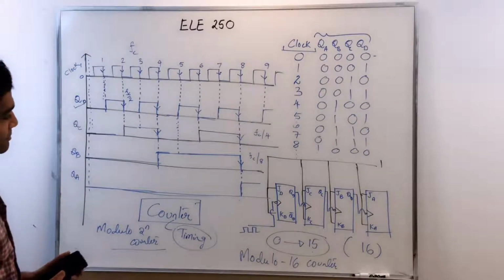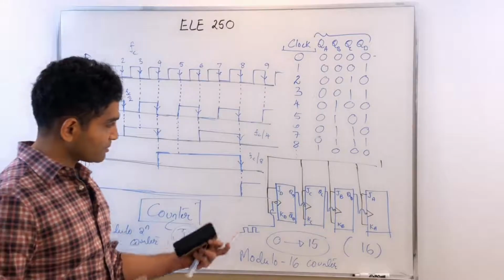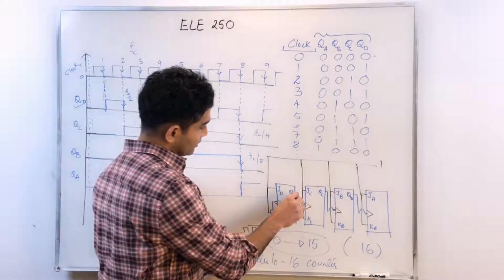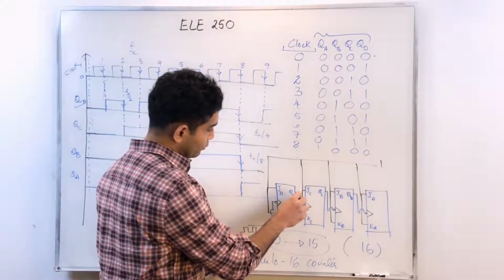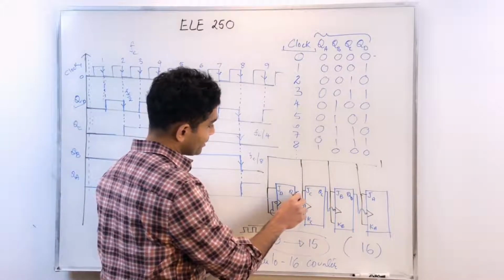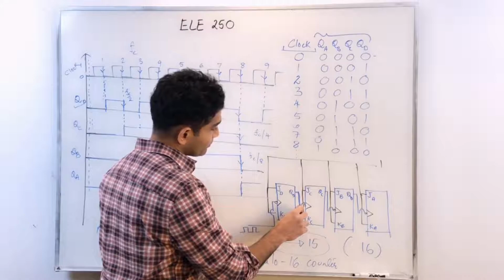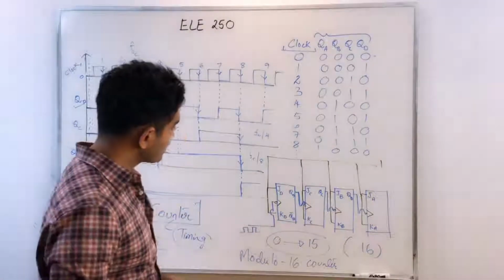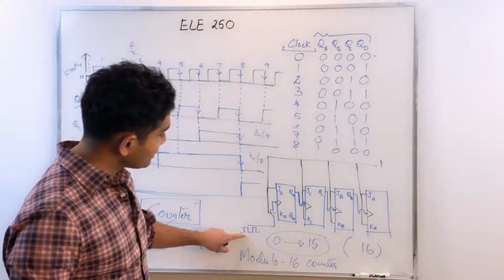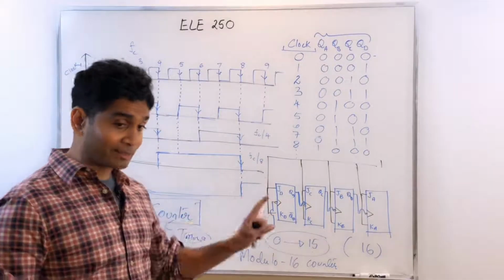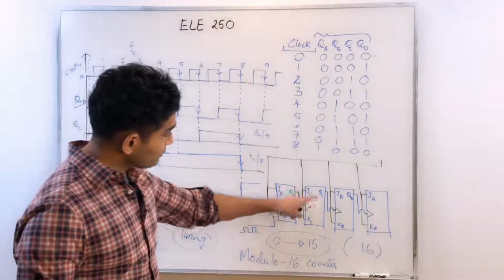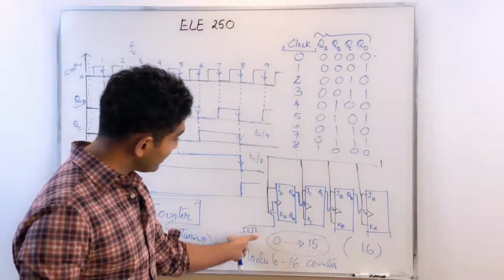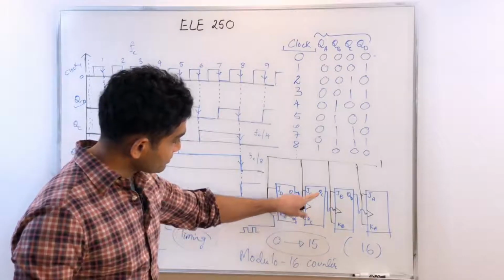Because of the way this counter is constructed, as you can see here, the output of one flip-flop goes as the clock input to the next flip-flop. So in other words, this clock signal is being rippled indirectly through this configuration. The effect of the clock is felt through this configuration.